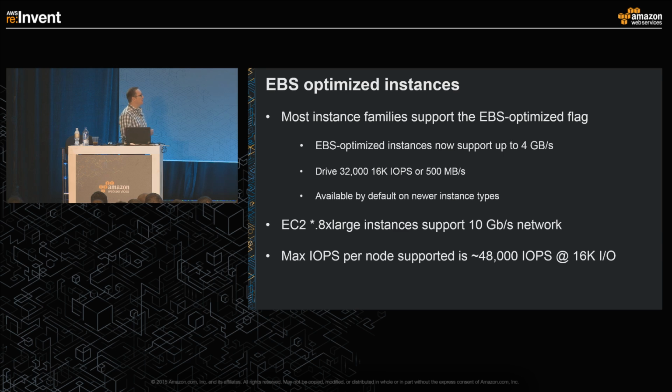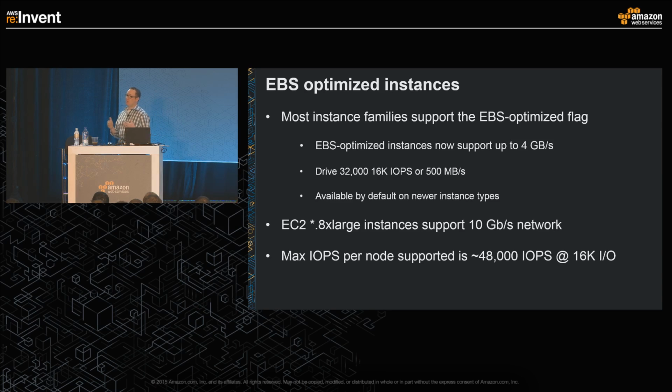So a little bit about EBS optimized instances. Everything I've covered so far is about the EBS volumes and the EBS snapshots. But because we run inside EC2, there are some properties of EC2 which are quite important to understand as well. An EBS optimized instance is an instance that has dedicated network bandwidth allocated to EBS traffic.